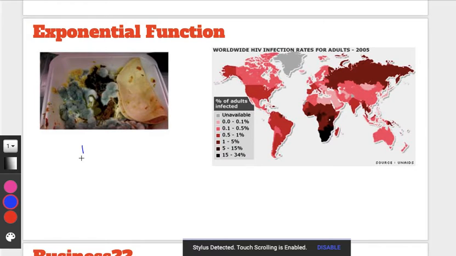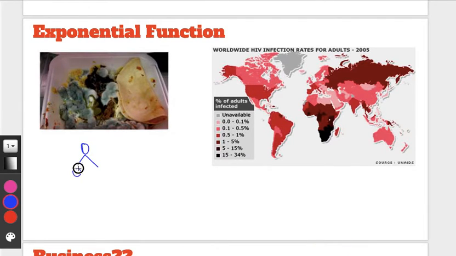Doubling every 5 minutes means that after 5 minutes we have 2. Then another 2, another 2, another 2. As you can see, after several rounds, this bacteria can increase crazily.